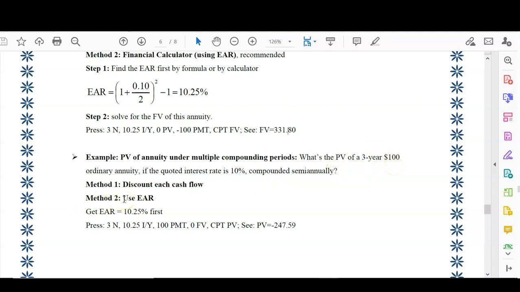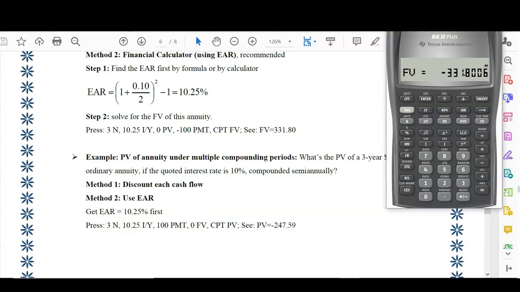Method 2, still step 1, we get the effective annual rate as 10.25%. Then for the present value, N is still 3 years, I is still 10.25 as the effective annual rate, payment is still 100, future value is 0. Compute for PV, we see that the present value of this annuity is 247.59.